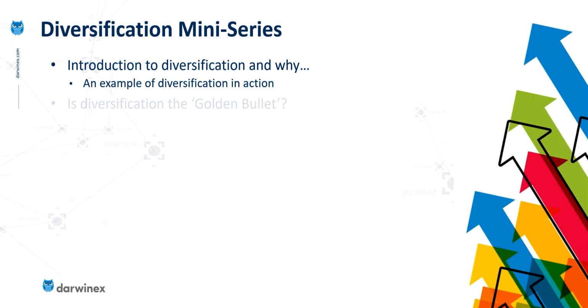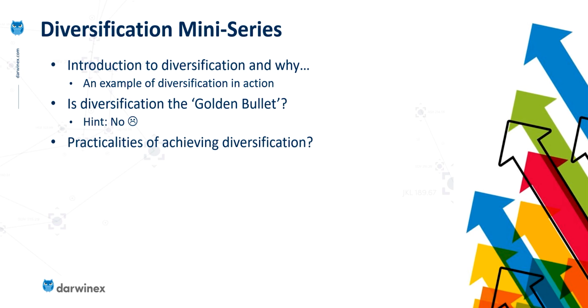And then in the next episode, I'm going to look at the question of whether diversification is the golden bullet or not. And by this, of course, I mean, is this the answer to all of your risk-based issues? I will give you a little bit of a hint now that the answer is no. However, as you see when we go through this series, it's a fundamental part of that.